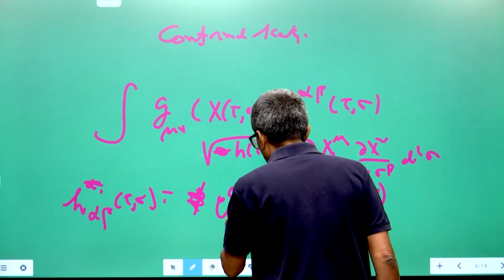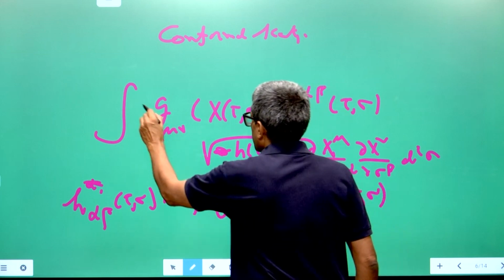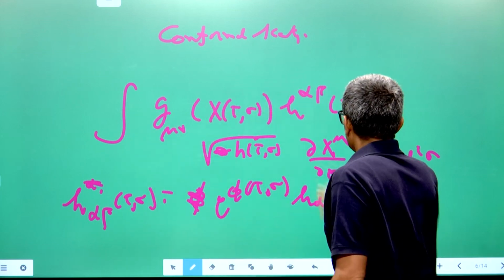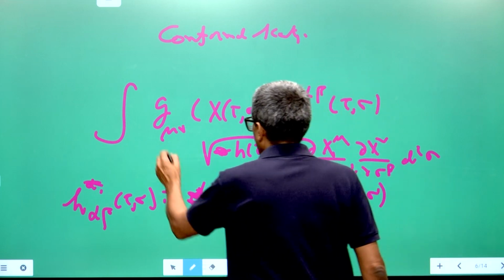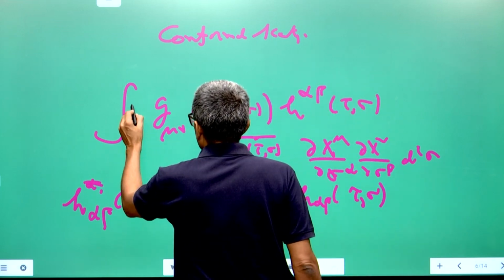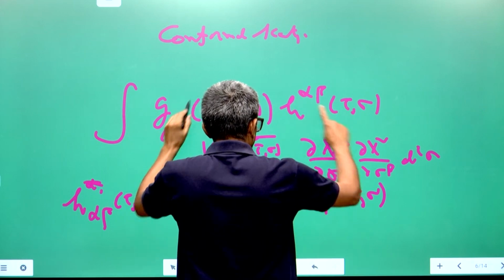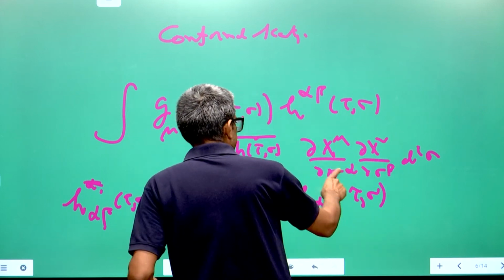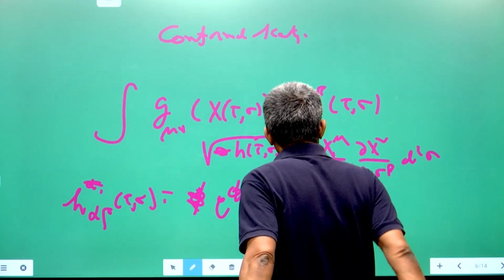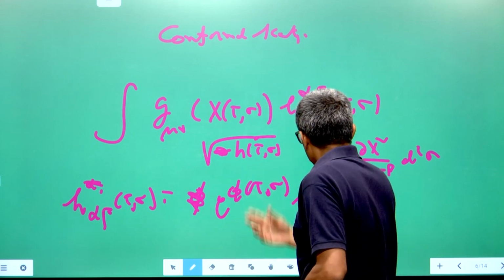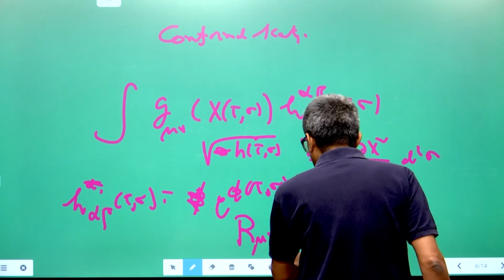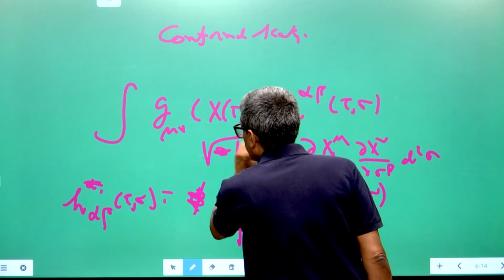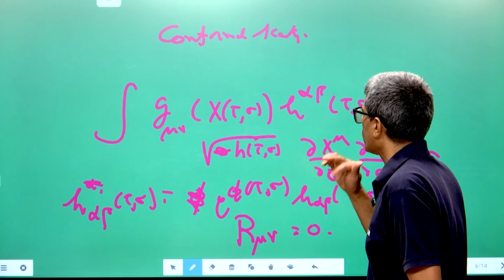That is, if you apply a conformal transformation to the metric, then this gets altered by e power phi times something. If you multiply this by e power phi and you require the quantum average to remain invariant, then it turns out that this equation will be equivalent to the vanishing of the Ricci tensor. Namely, you get Einstein's field equation, where the Ricci tensor is the Ricci tensor of the G mu nu metric, namely the metric on space time.